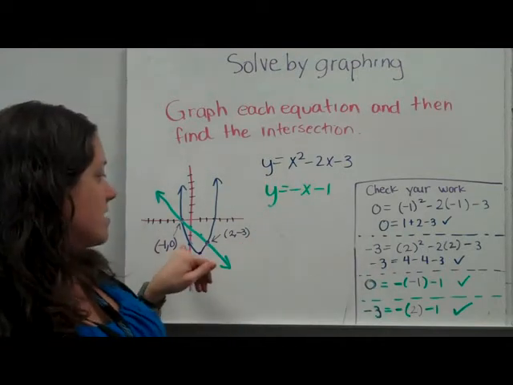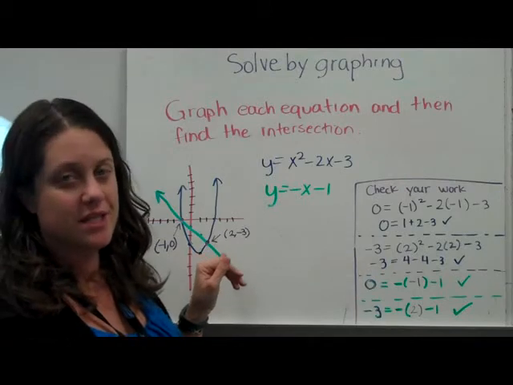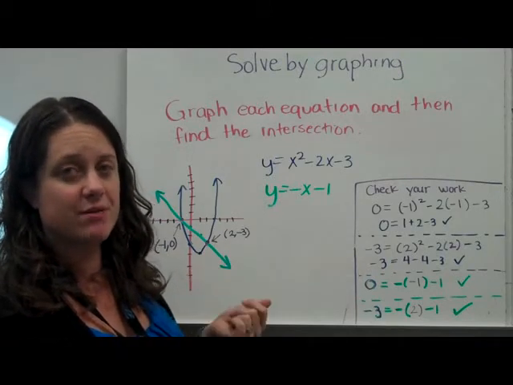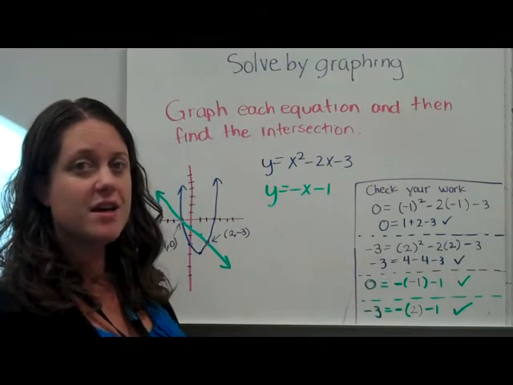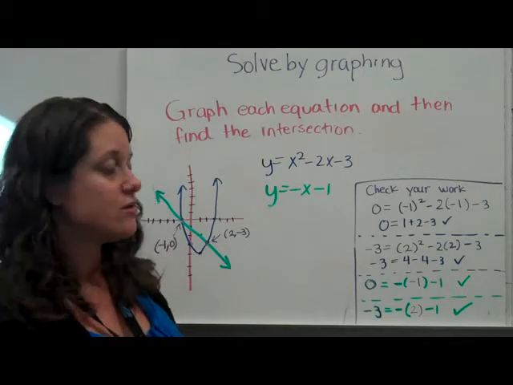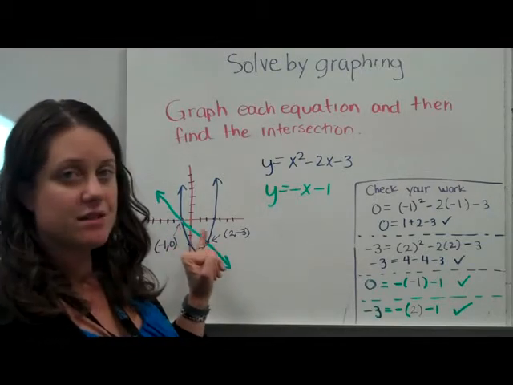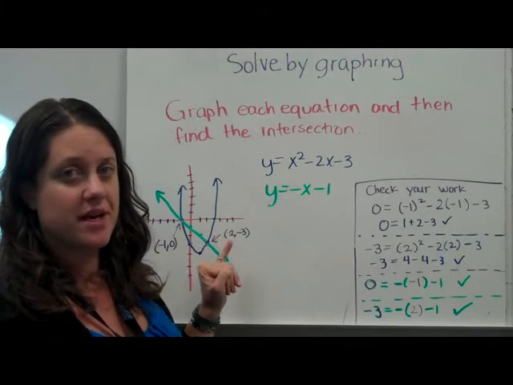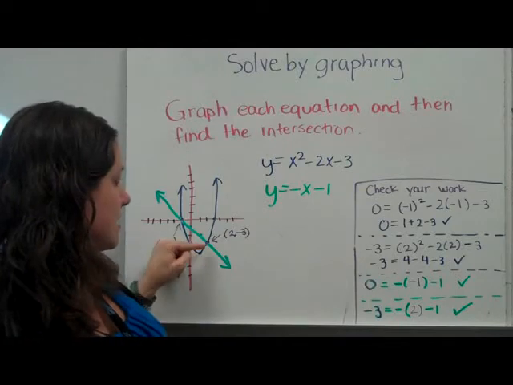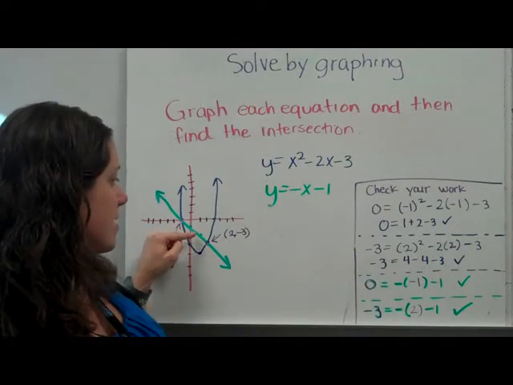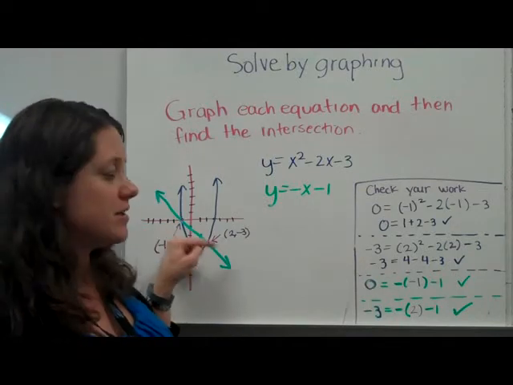Then I plotted the y-intercept and did the reflection of the y-intercept. But in this case, I can't just be sketching random numbers like I did before, because I need to know exactly where it's going to go. So maybe I find the x-intercepts and plot those. Then to sketch the line, I can plot the y-intercept and just use the rise over run to go up and down the line.